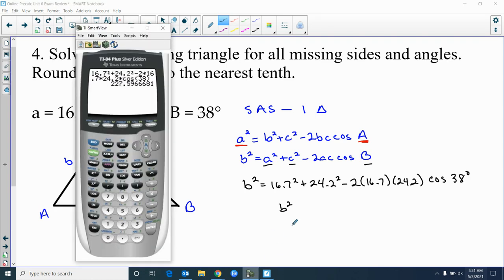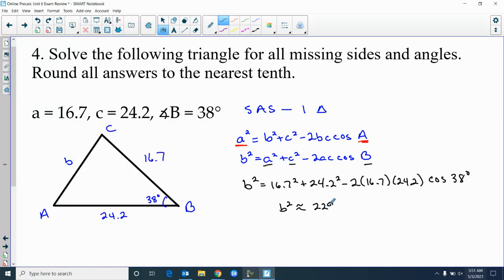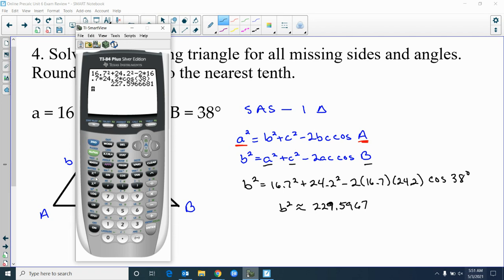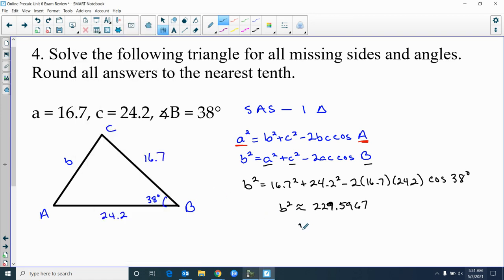B squared is approximately 227.5967. We want b. So take the square root. So the square root of the answer, don't round off until the very end, and we'll round off to the nearest tenth. So b equals 15.1. Okay, so this is 15.1.